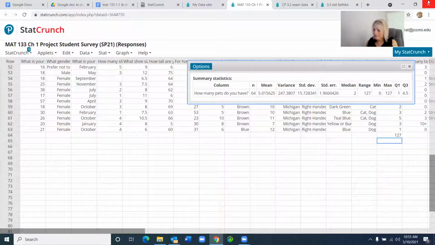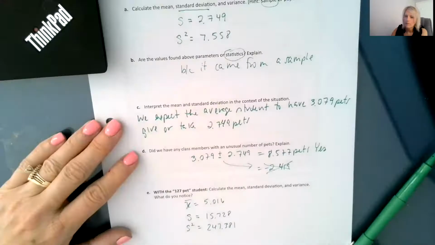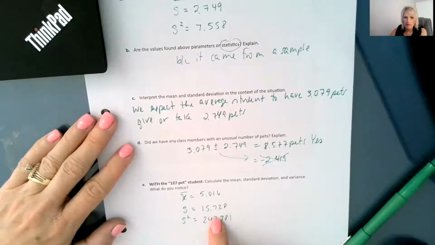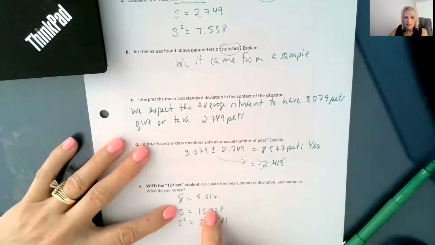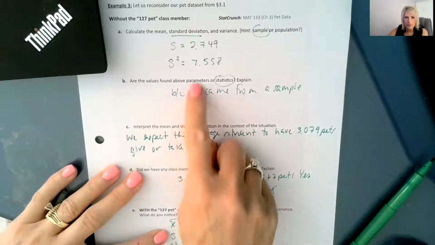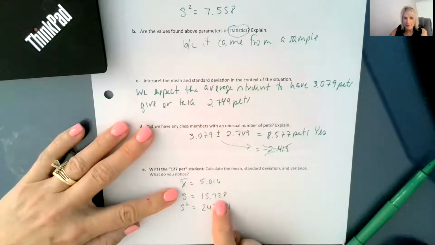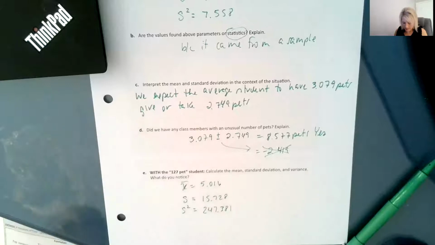So the standard deviation increased dramatically. So the mean increased from 3 to 5, but the standard deviation increased, right? From 2.749 to 15.728. So pretty dramatic increase there.